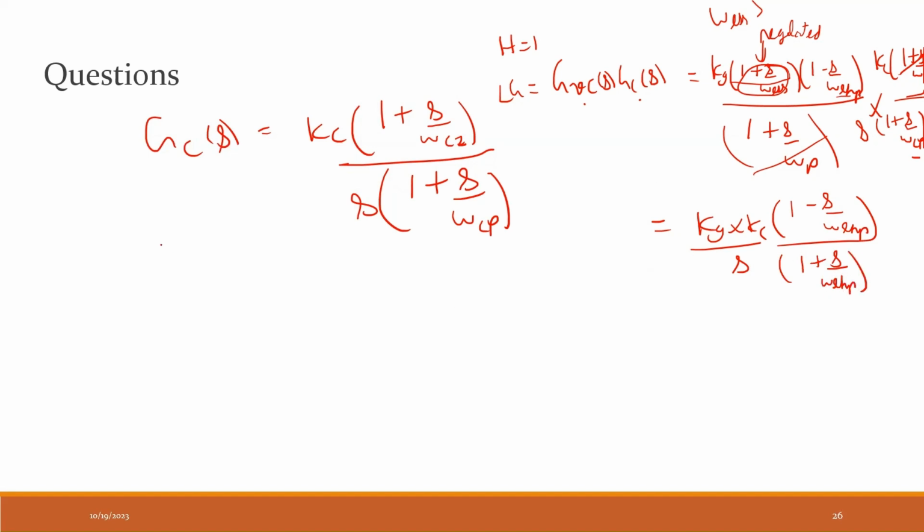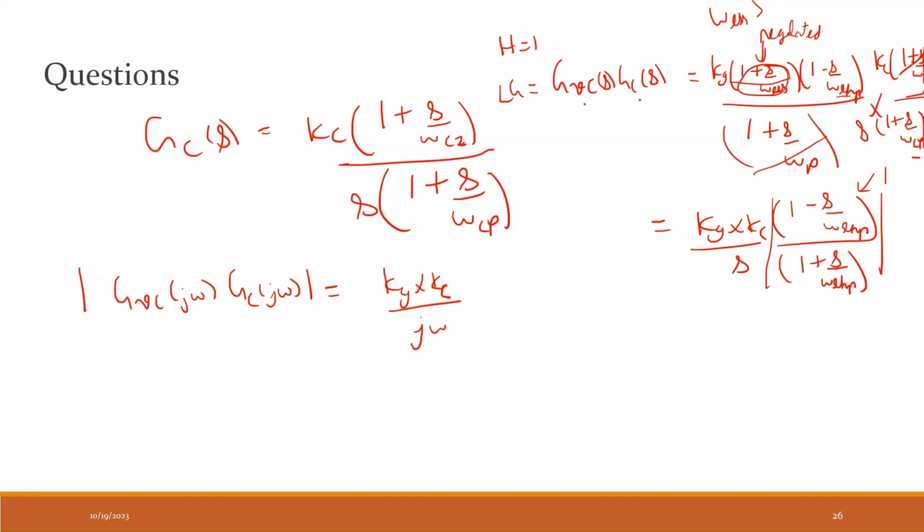Now, when we take the product, the magnitude of this part is 1. So the magnitude will be Kg into Kc upon j omega, and the other one has magnitude 1. So that is Kg into Kc upon omega.